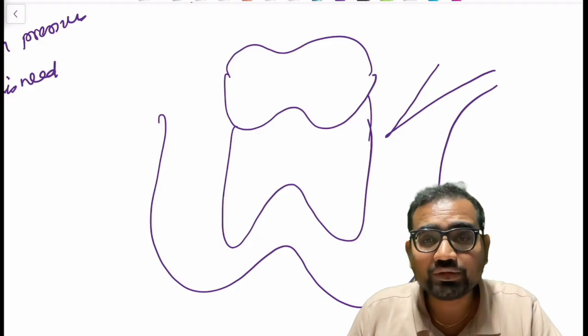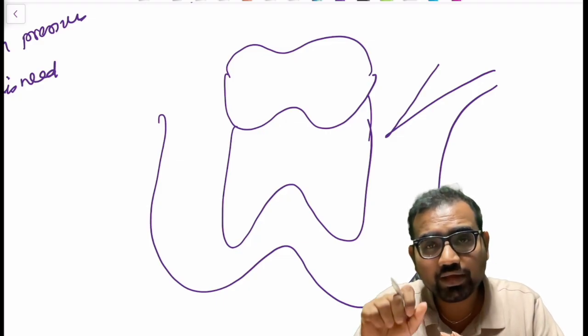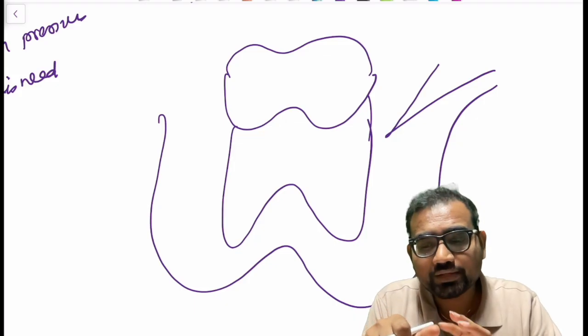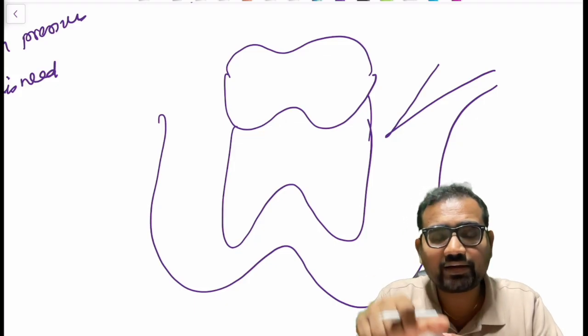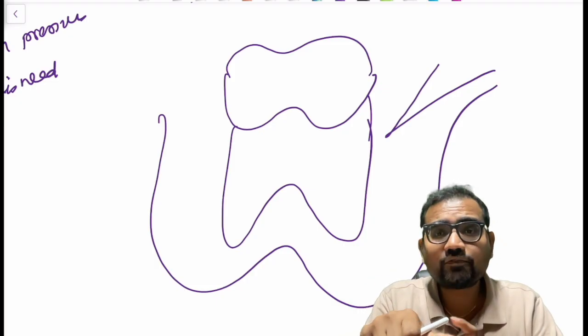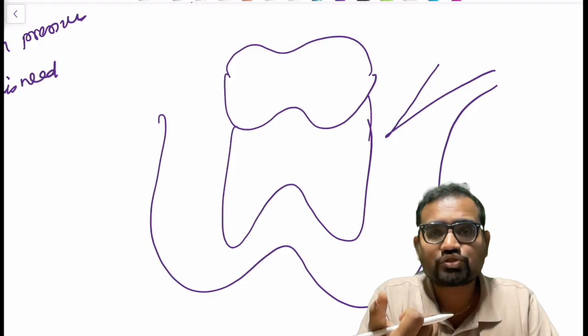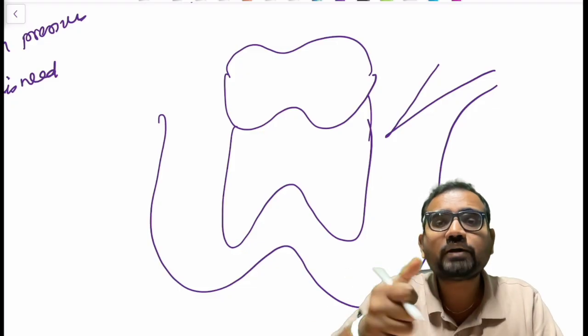And then I will try to get a point of grip. Once the grip point is obtained, that is, once the resistance is felt by the elevator after placing it between the root and the bone, I will start to rotate the handle of the instrument. I'll remove the tooth by rotating.